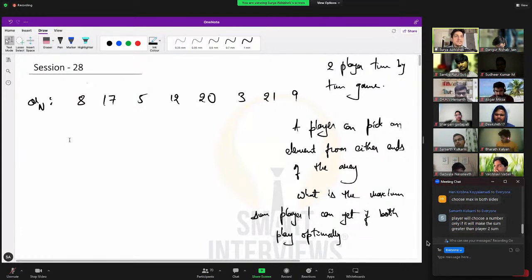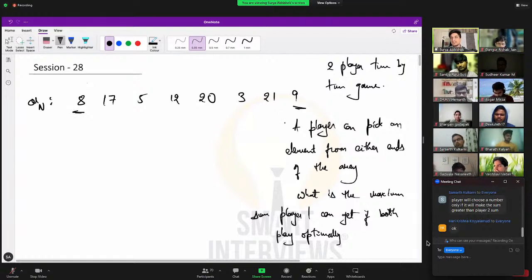Player will choose a number only if it will make the sum greater than player 2's sum. Not necessarily. Initially, because player 2 has a 0 sum, both the numbers are good. Then again, if you say, okay, I'll pick whichever is bigger, then the same story repeats.